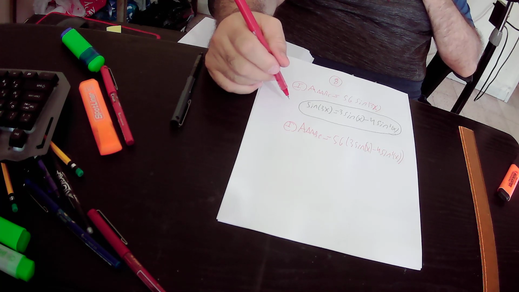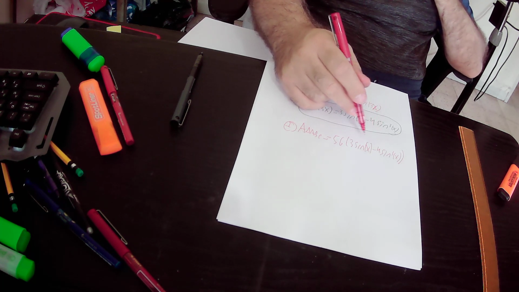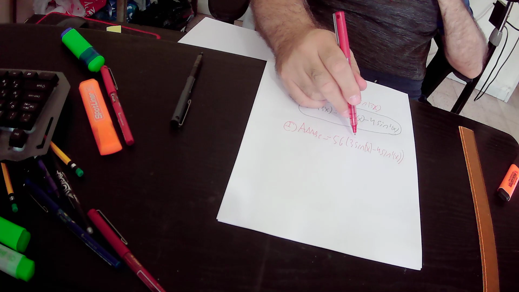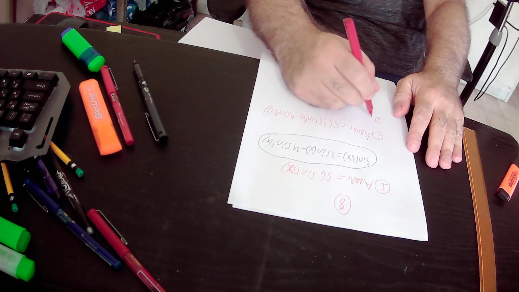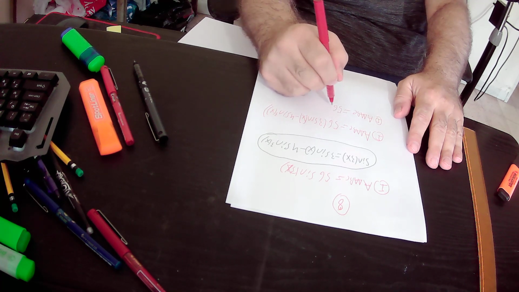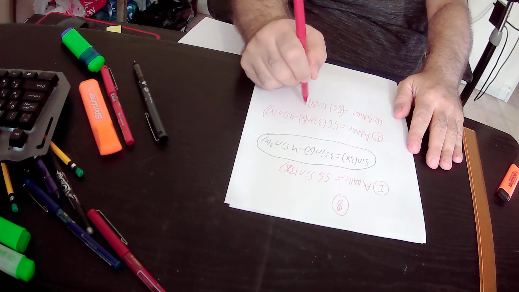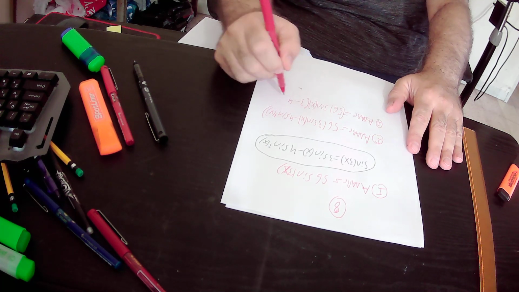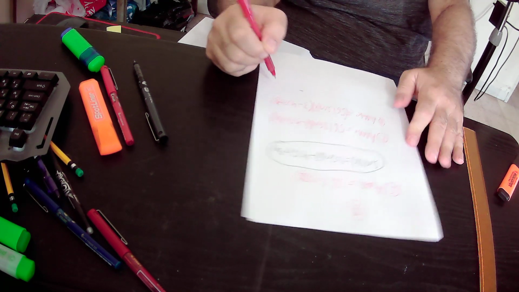So here we will take sine x out as a common factor of this expression, and we get that the area of triangle ABC equals 56 times sine x, and inside the brackets what is left is 3 minus 4 sine square x.